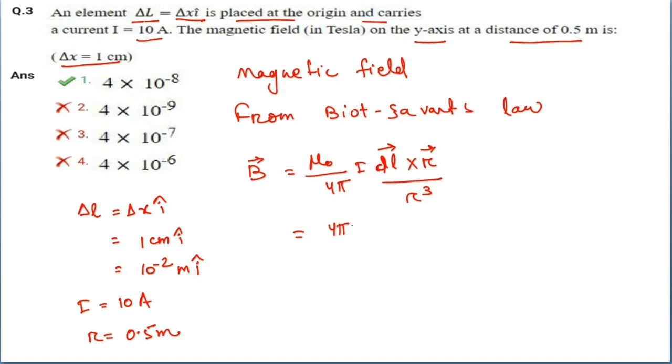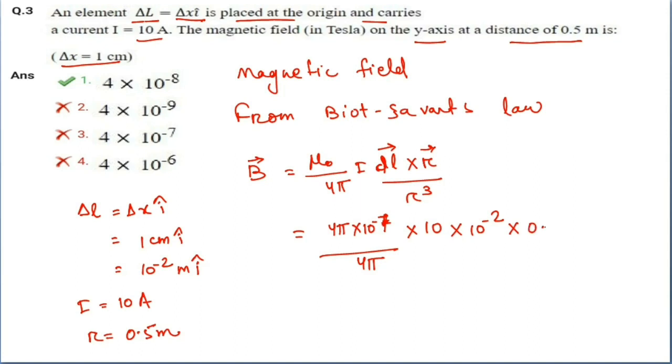In place of mu naught we write the value 4 pi into 10 to the power minus 7, divided by 4 pi. Value of I is multiplied with 10 ampere. Value of dl 10 to the power minus 2.